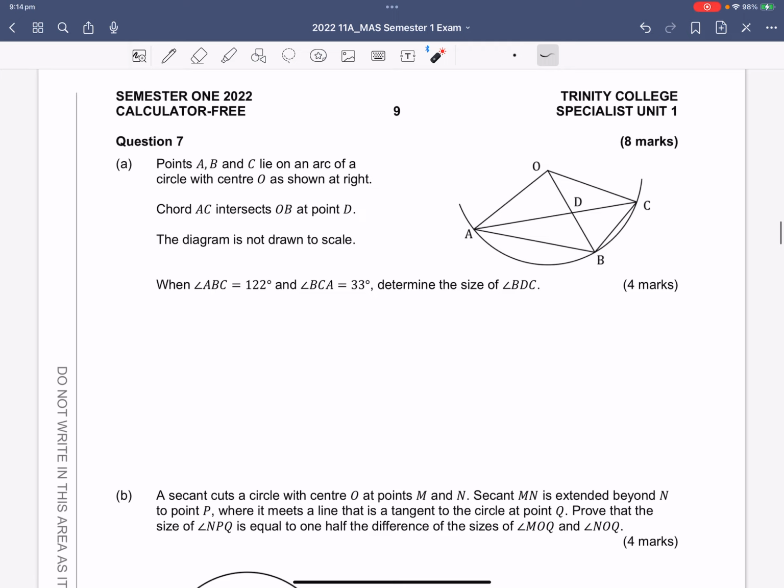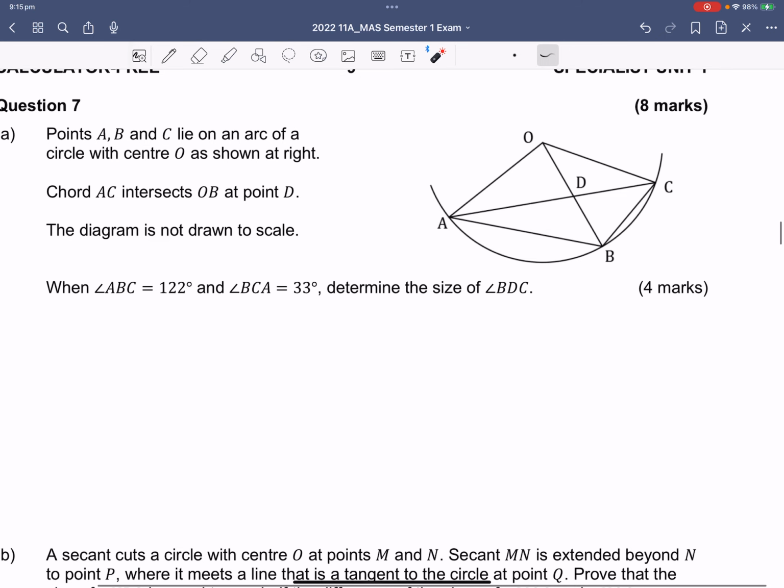All right, question 7. Points A, B, and C lie on the arc of a circle with center O as shown. Okay, cool. Chord AC, yep, that's AC, intersects OB at point D. Alrighty, that's a chord, and OB is just the radius, that's not even a chord, so that's a radius, intersects.